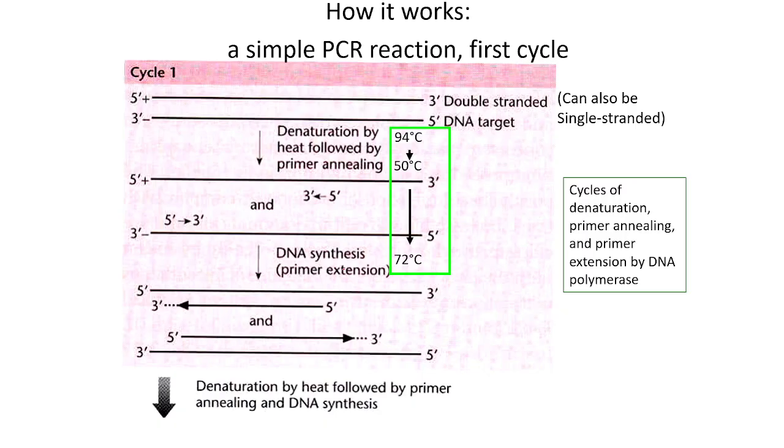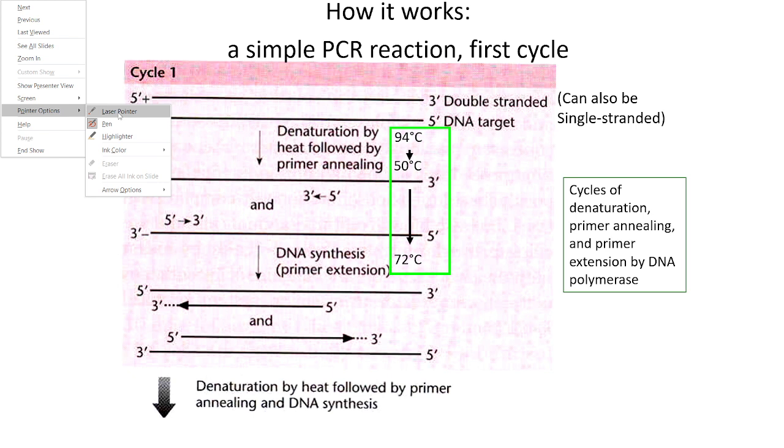So how does this PCR work? So it is a simple PCR reaction in the first cycle. What happens is that you have a double-stranded DNA target, which can also be single-stranded, so that does not matter much.